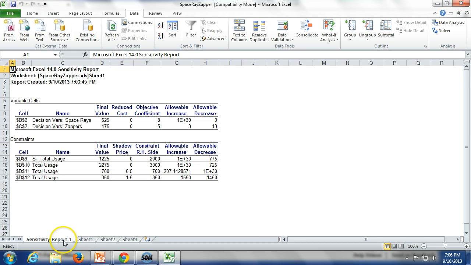Okay. Now let me just explain. I don't know why that says allowable decrease is 13. The allowable decrease is 13, so that means -8 is the range of optimality. Okay, so 5 minus 13 is -8.